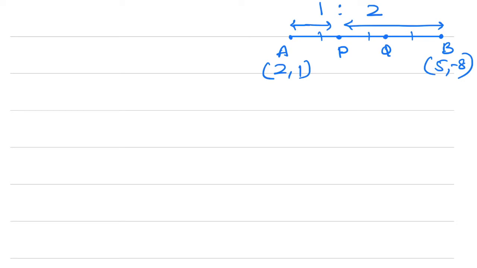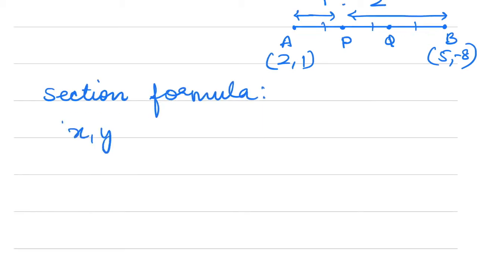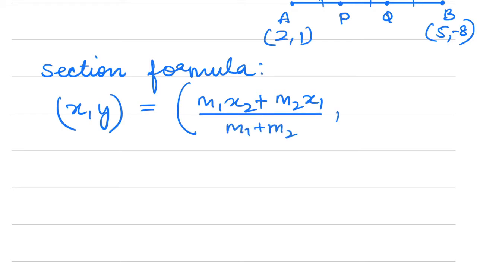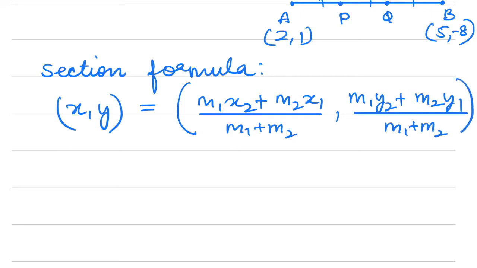Now here we need to find out the coordinates for P, and we are going to use the section formula. The coordinates of the point which divides the line are x equal to (m1 x2 plus m2 x1) divided by (m1 plus m2), and the y coordinate will be (m1 y2 plus m2 y1) divided by (m1 plus m2). Now let's substitute the values.